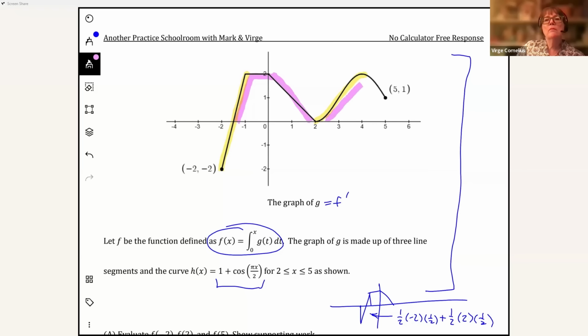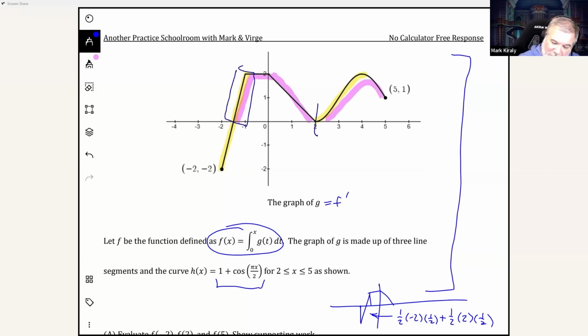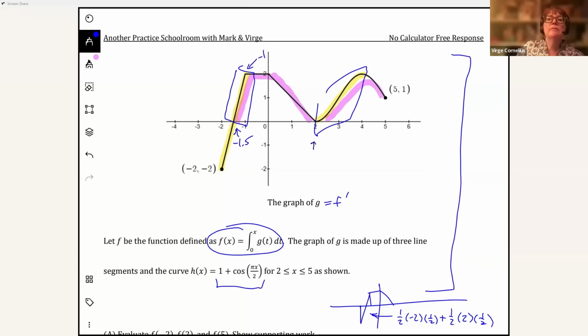So that's all of this. It's a lot, but we're only looking at the overlap, and only the open overlap, so we don't have to worry about endpoints or anything like that. So it looks like that's at negative 1.5 to negative 1, and from 2 to 4.